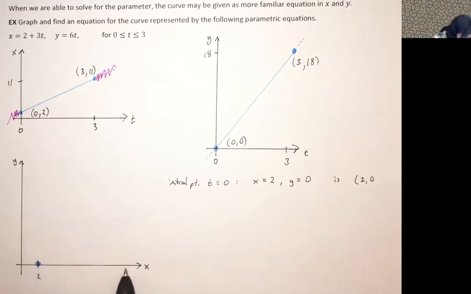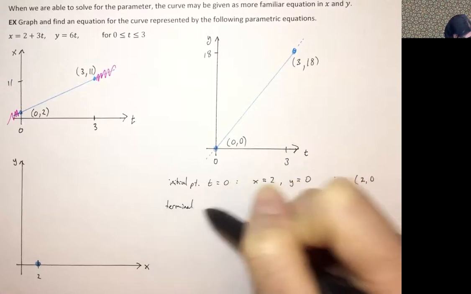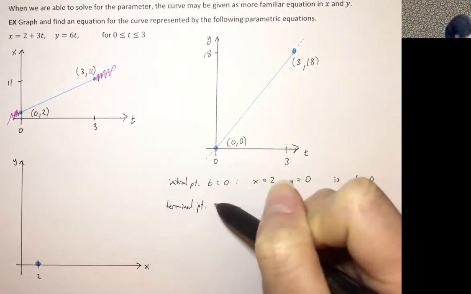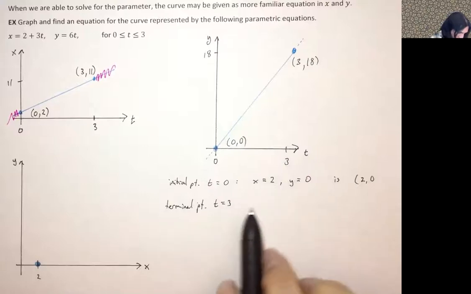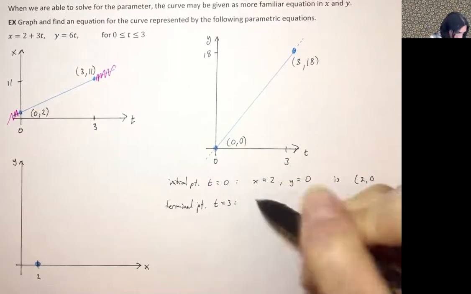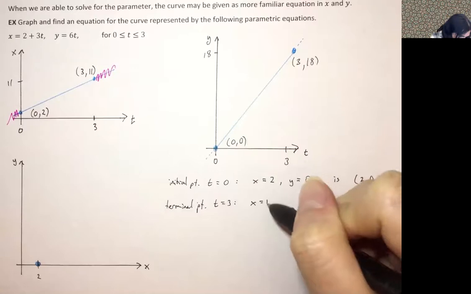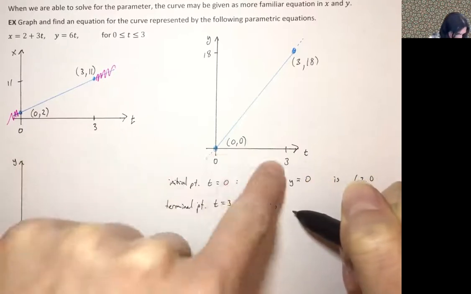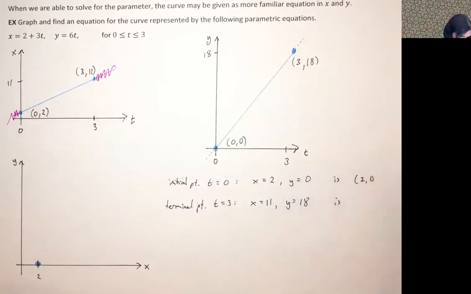Now for my terminal point, the t value is equal to 3 at the other end of the range of the parameters, and plugging in that t value into my formula for x, you can see we did it right there. We got 11. Plugging in the formula for y, we get out y is equal to 18. So our terminal point is equal to our 11, 18.